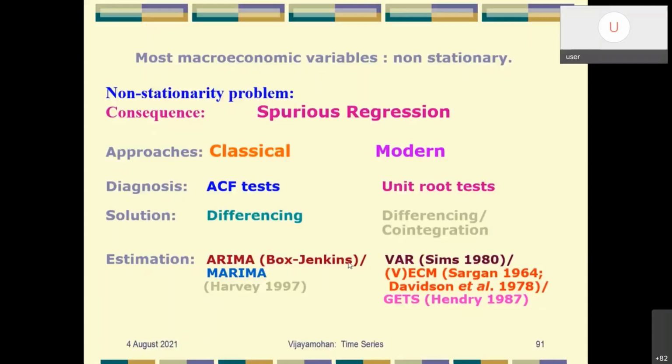Then we have the VECM, Vector Error Correction Model, suggested by the London School of Economics, Sargan, Davidson, and Hendry, and so on. And also, Hendry has the London School of Economics methodology called GETS, that is general to specific methodology.